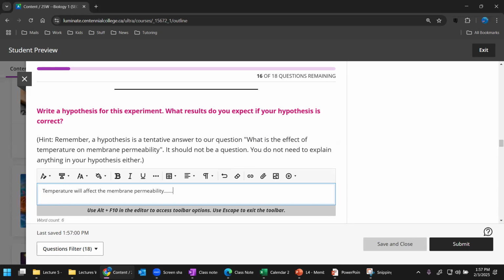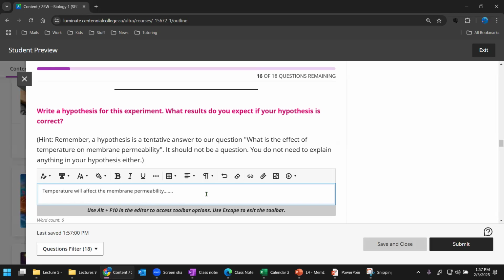Nothing? This looks okay to you guys? Temperature will affect the membrane permeability. Yes, thank you, Samuel.